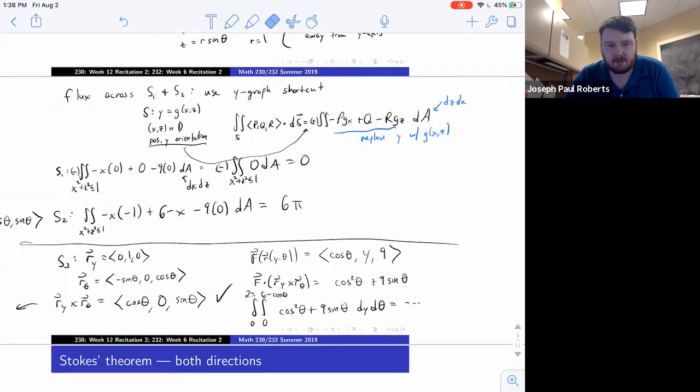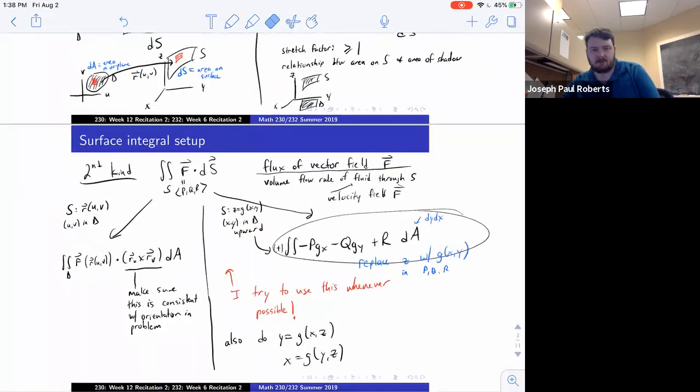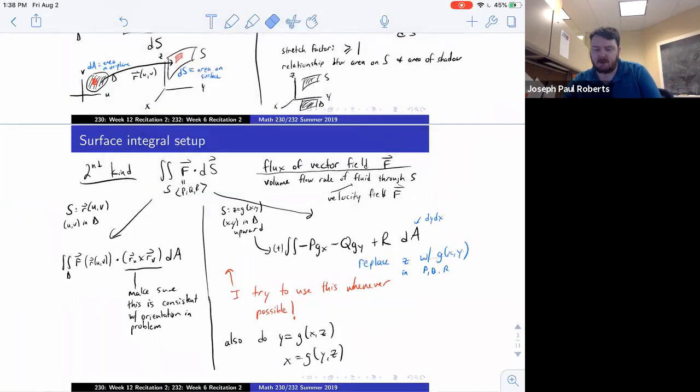Your final answer for this homework question would be 0 plus 6 pi plus whatever that integral ends up being. So anyway, that was a doozy, but that goes to show how sometimes we can use altered versions of this z-graph shortcut, or sometimes we might need to use this general formula.